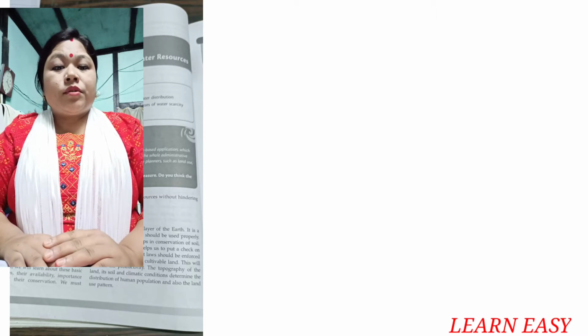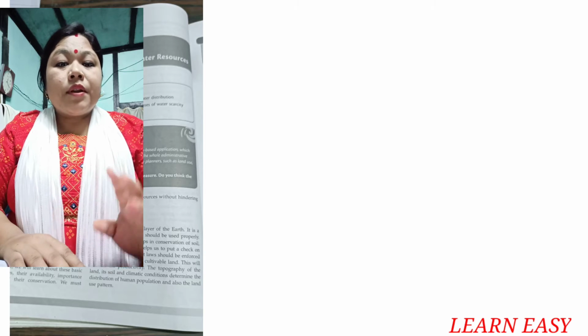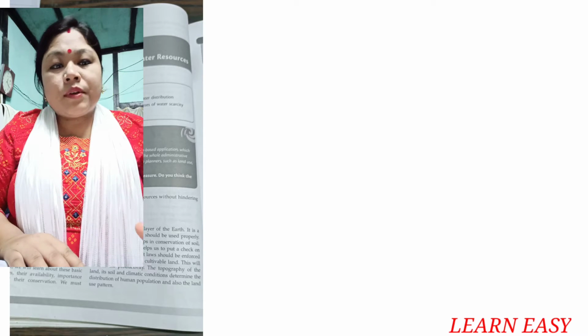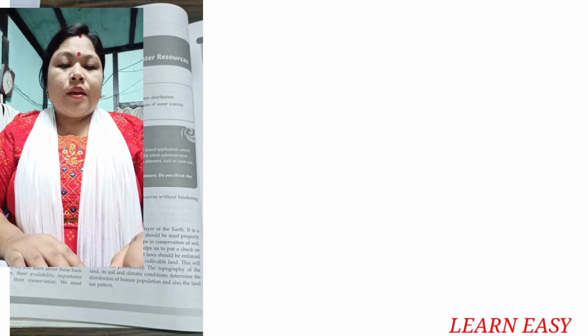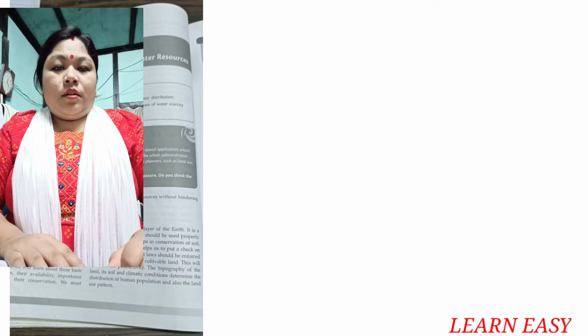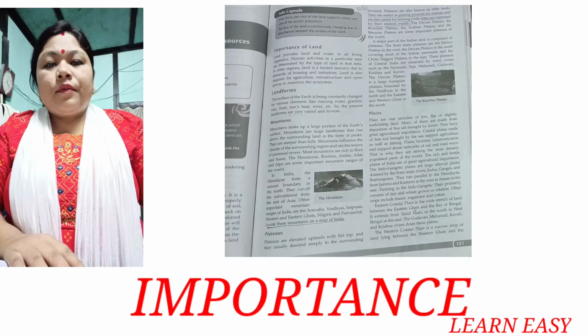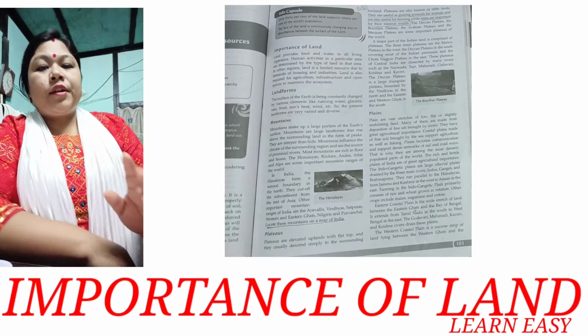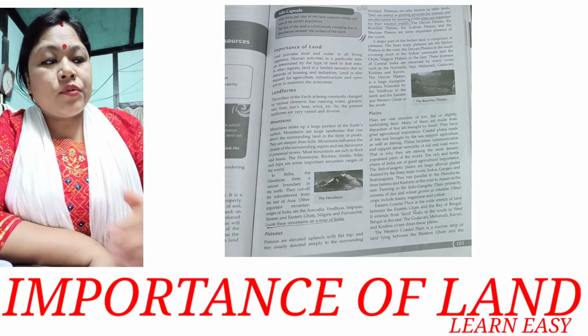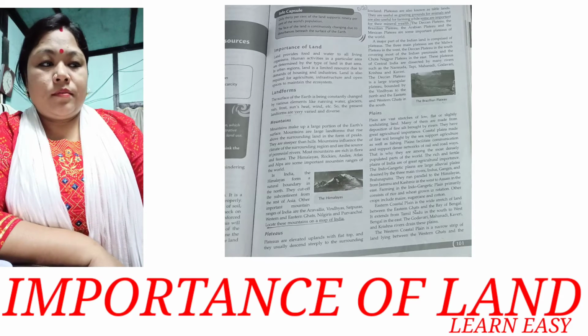Distribution of population depends completely on the topography of the land. Now let me talk about the importance of land. Land is such a resource which provides food and water to all the living organisms.